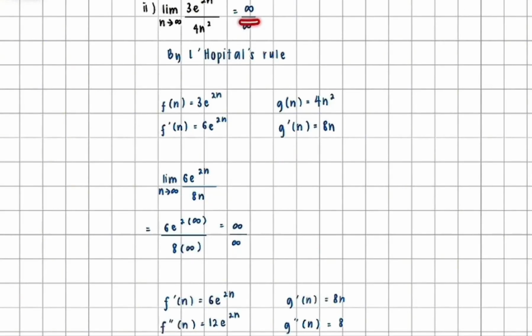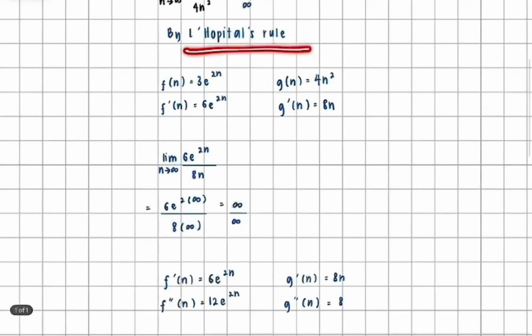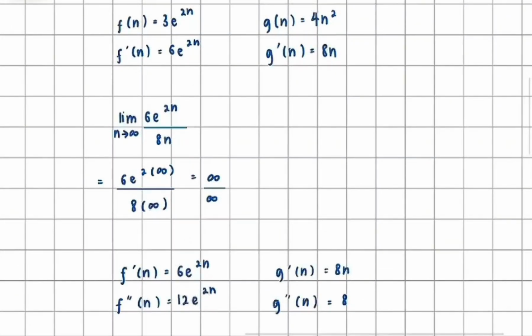So we get the indeterminate form infinity over infinity, and we can apply L'Hopital's rule. First we differentiate the numerator and denominator.